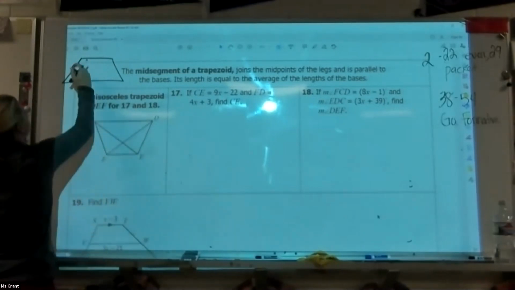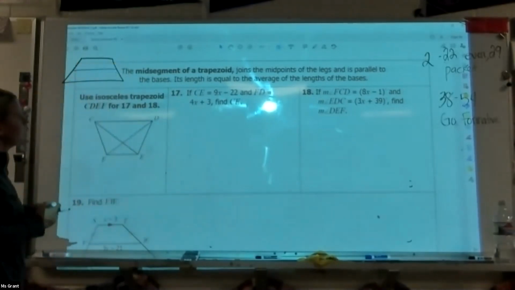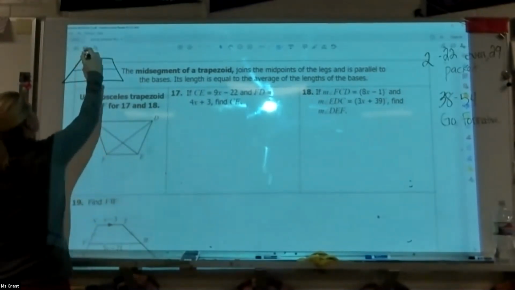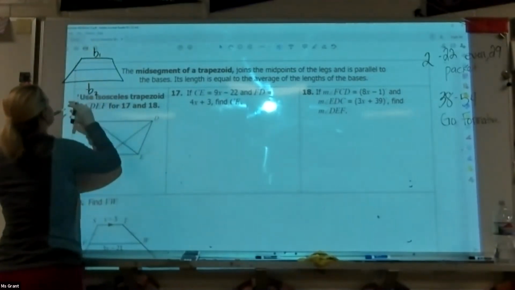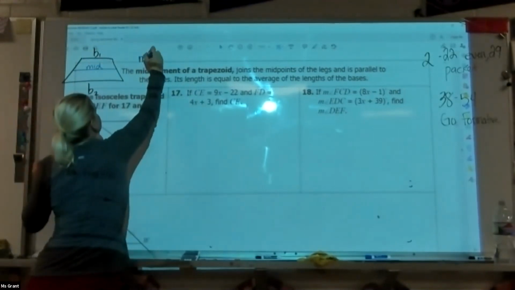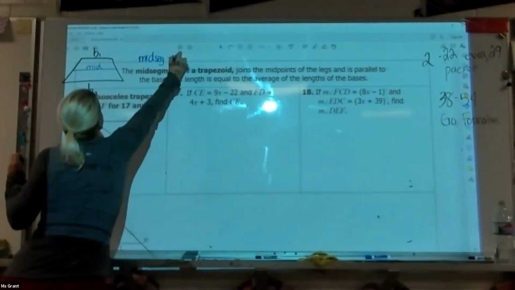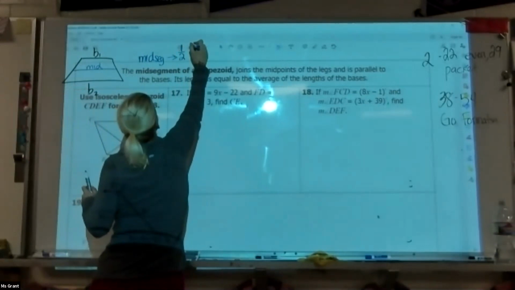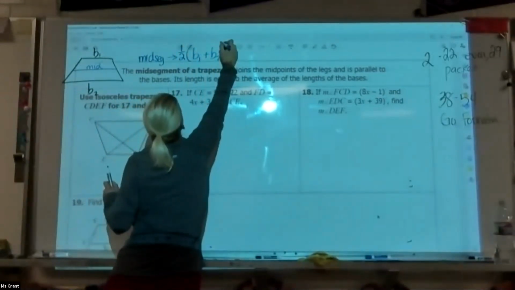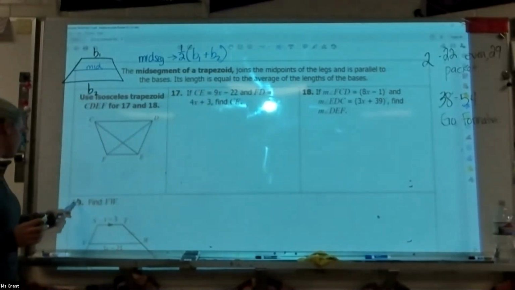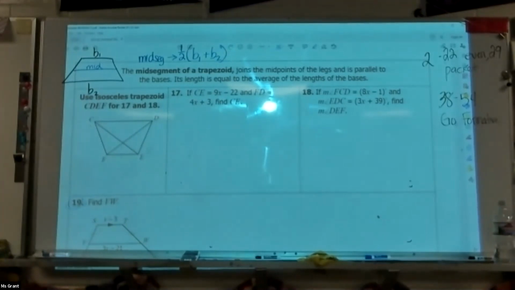The mid segment is my middle line. Its length, the blue, is equal to the average of, so here's base 1, here's base 2, here's my mid segment. My mid segment is half of base 1 and base 2. That would be like, for number 19, we would practice that one. Maybe I'll do number 19 for you. So I'll do 18, I'll do 19.